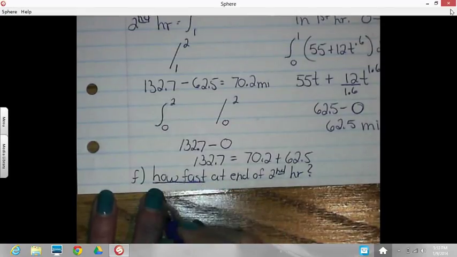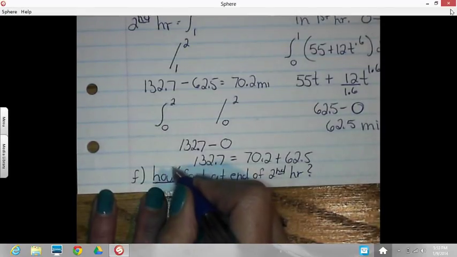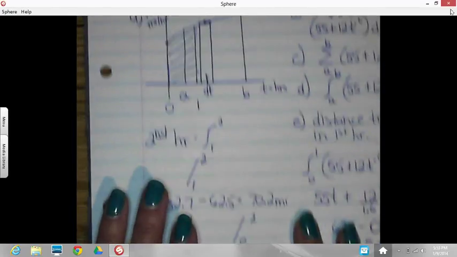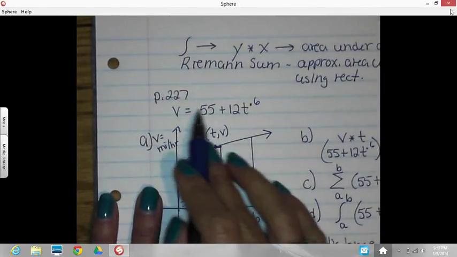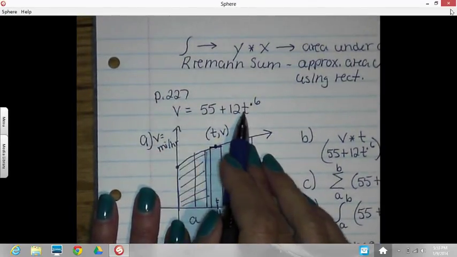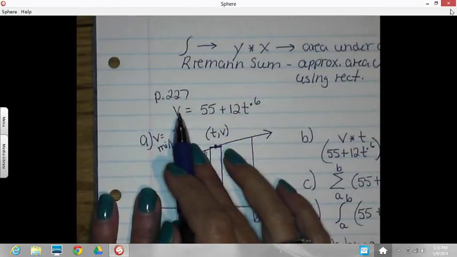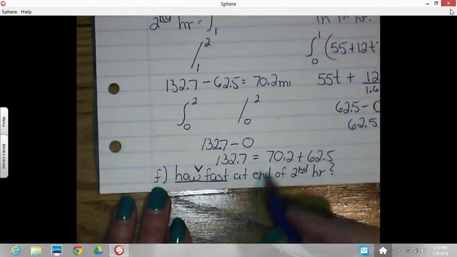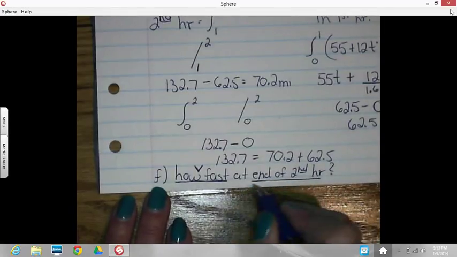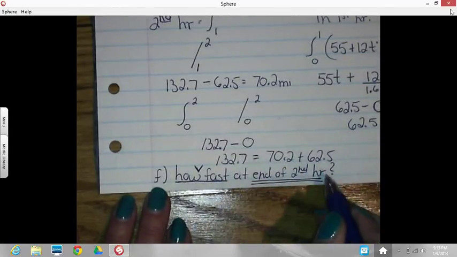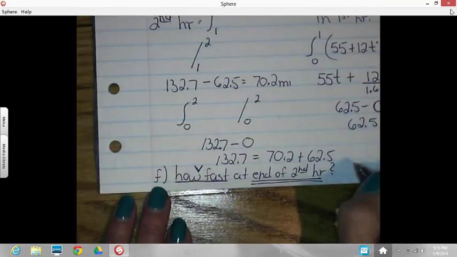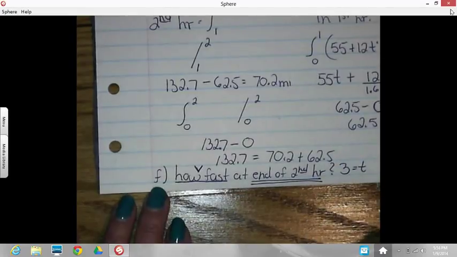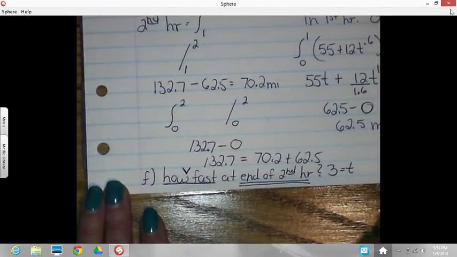That's velocity. Well, I started with a velocity equation. All I've got to do is plug in a time and I'll know my velocity. Well, what time is it if I'm at the end of the second hour? The end of the second hour means I'm at the start of the third hour. So I want to plug in time equals 3 to see what my velocity is.